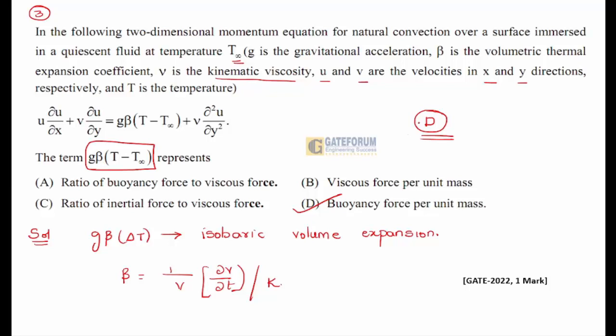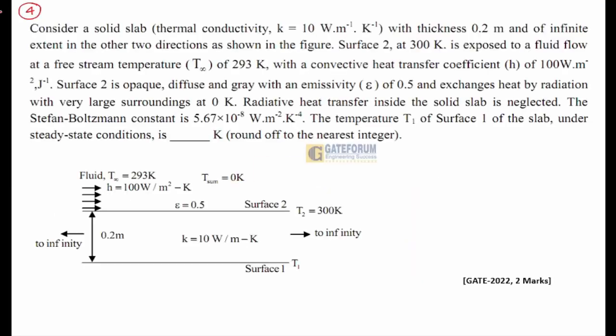Moving to the next question. Question number 4. Consider a solid slab with thermal conductivity K 10 watt per meter Kelvin with the thickness of 0.2 meter of infinite extent in two different directions shown in the figure.